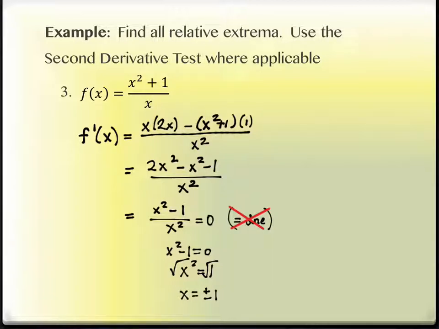Another way, if you don't like that option, is that it's actually very much a factorable function because it's a difference of squares, right? I don't care which of those ways you do it. You get 1 and negative 1 either way. It doesn't matter, okay? So we have 1 and negative 1, and those are places where I'm going to potentially have a local max or a local min.